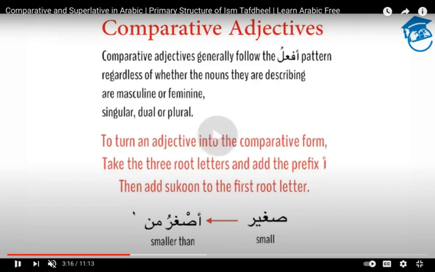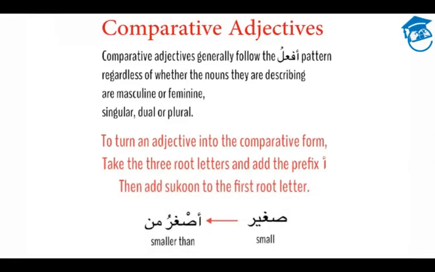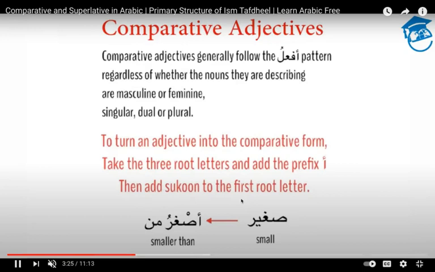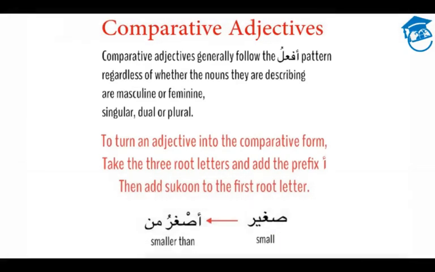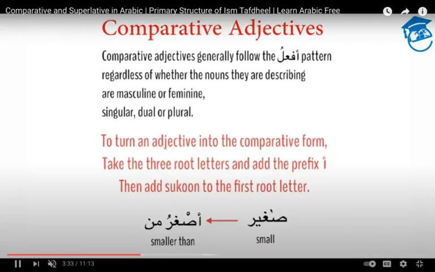Okay? So I hope that it's clear and you won't have any difficulties creating أسماء التفضيل on your own, just based on this rule.